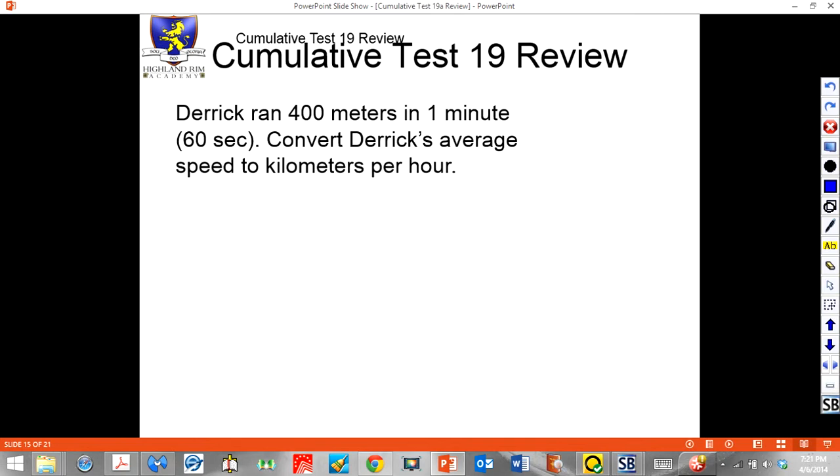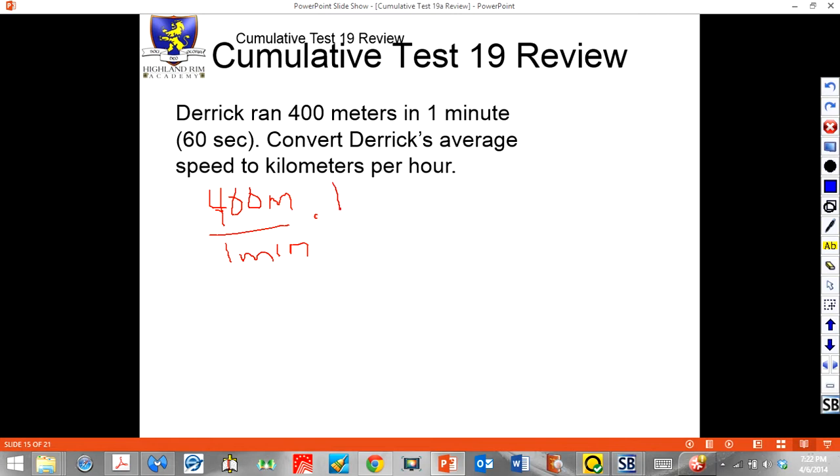Derek ran 400 meters in 1 minute. What we want to do is convert Derek's average speed to kilometers per hour. So the way we do that is we do unit conversions. And so we say 400 meters per 1 minute. And what we want to do is we want to convert the meters to kilometers.